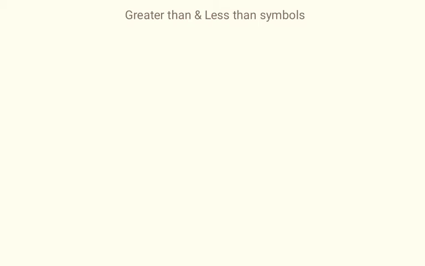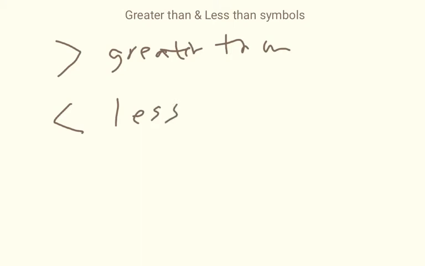We'll be graphing some integers in today's lesson. It's just a quick review of the symbols greater than, less than. So this is greater than. And less than goes the opposite direction. And just keep in mind, of course, that's equals.